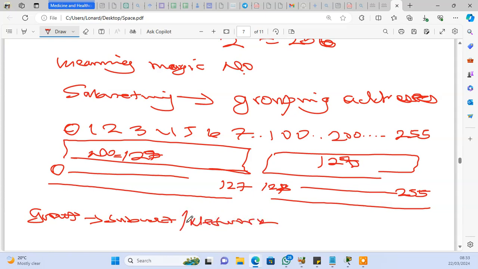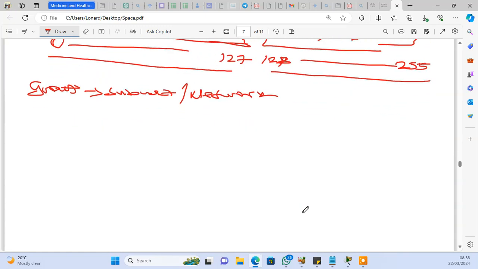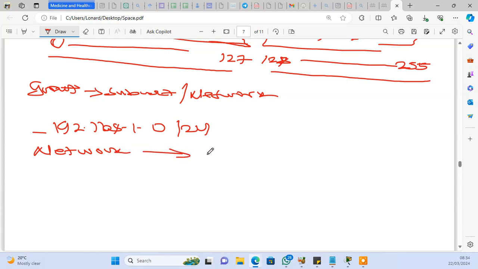So the question was, when do we need the magic number to know the size of the network or subnet? Once you have a subnet mask, it can help you. With our address 192.168.1.0/24, this is a network, and in this network we have a total number of IP addresses of 256.